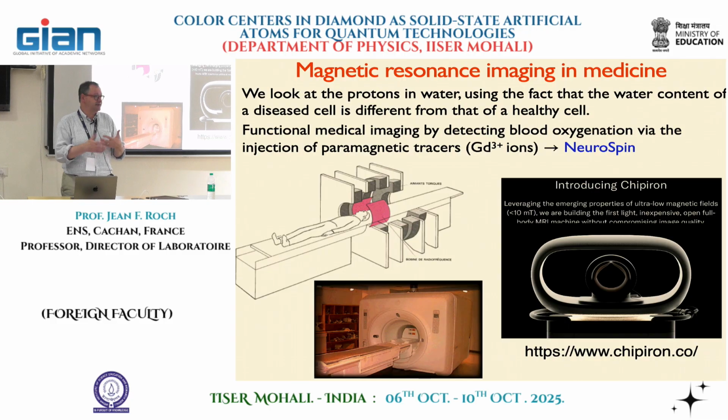It will shorten it because of the interaction with the ions, and you quench the magnetic resonance signal. You decrease it very significantly, and that is a way to measure the paramagnetic tracer and to see how it evolves. And this is, for instance, how you can make images of living parts of your body, like the brain, and see what you activate when you speak, and make those kinds of fascinating images that greatly help the development of neuroscience.